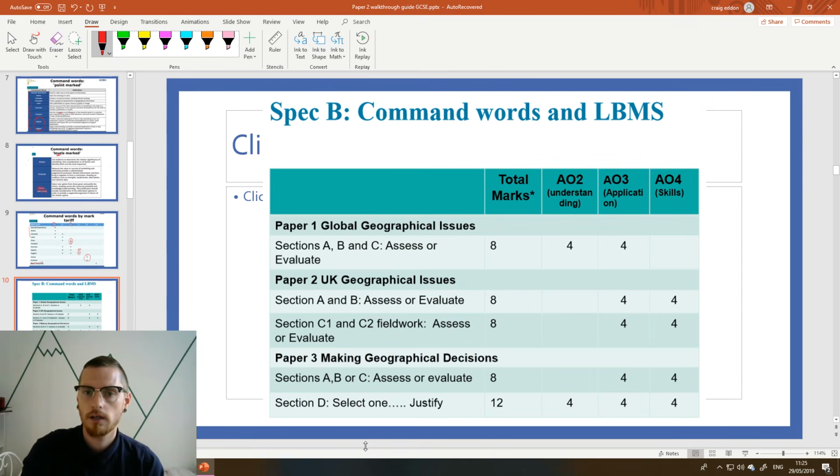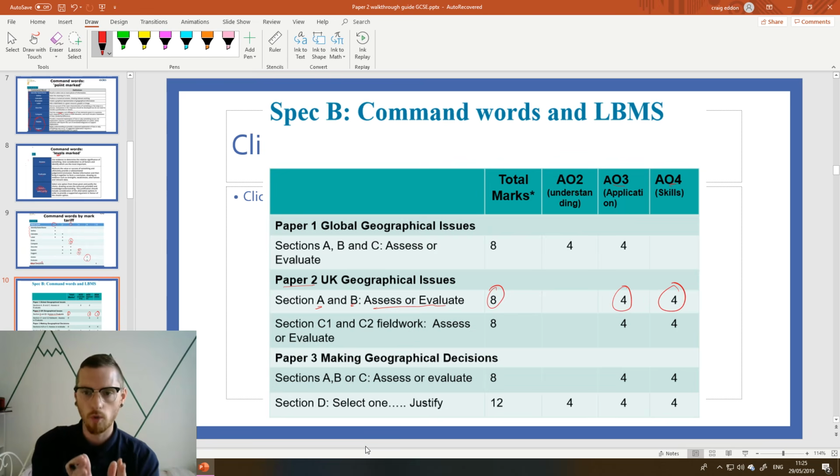Okay, so looking at our 8 markers, we are on paper 2 here, and section A and B will have an assess or evaluate question, and they're worth 8 marks, and they're 4 marks each for AO3 and AO4. Again, application of your knowledge to the resource, using your skills to unpick the resource, not just writing what you know.